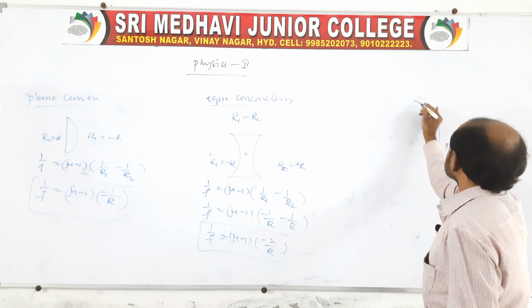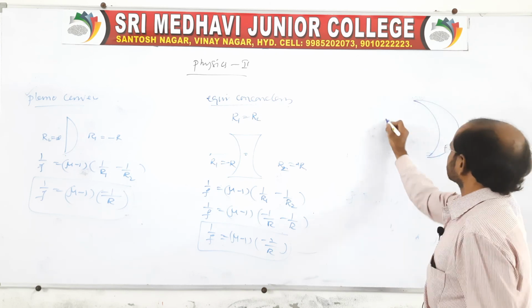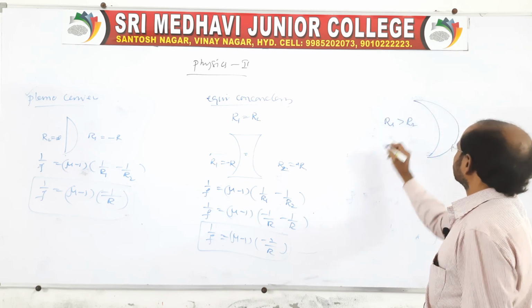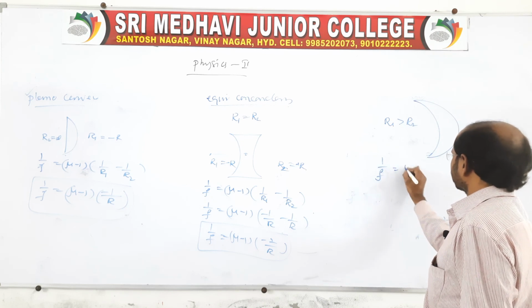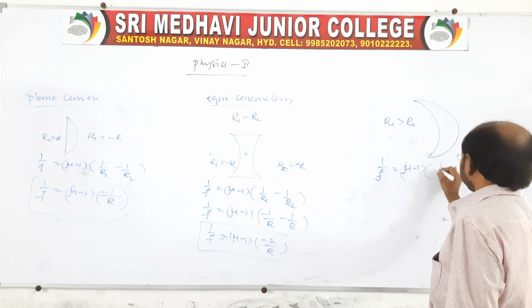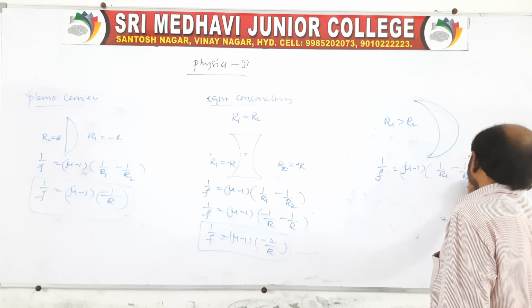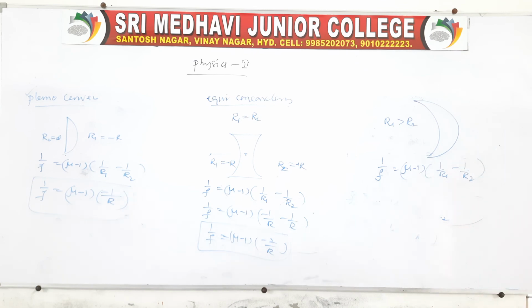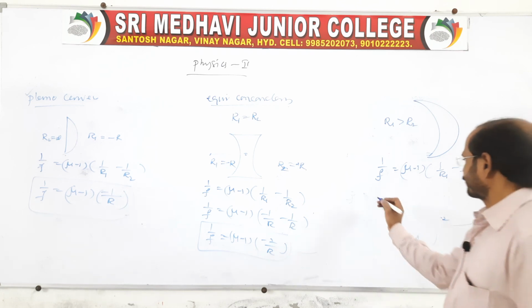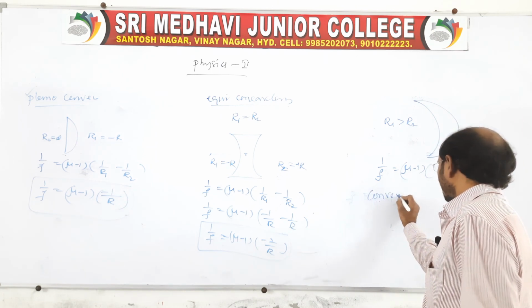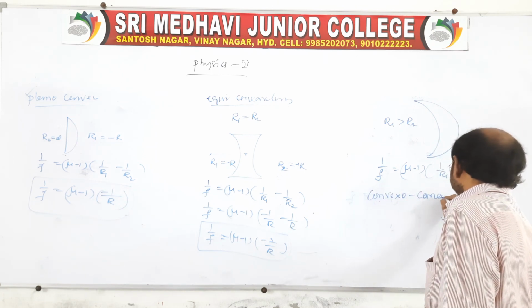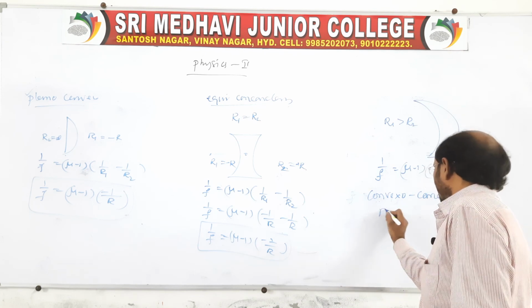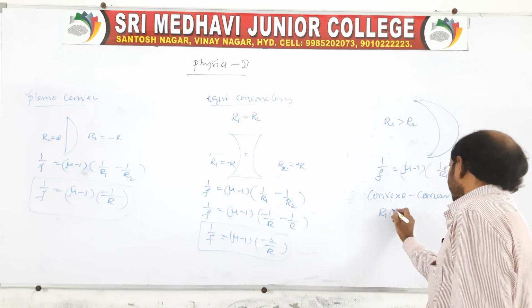So you take it like this. This will be like this. Here R1 is greater than R2. Then 1 by f is equal to mu minus 1 into 1 by R1 minus 1 by R2. This is the concavo convex. Suppose I go for the convexo concave. In this also R1 is greater than R2, of course.